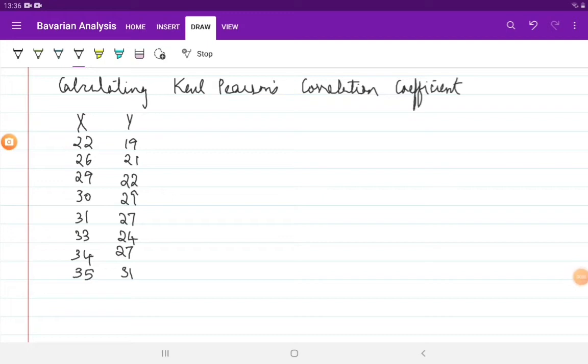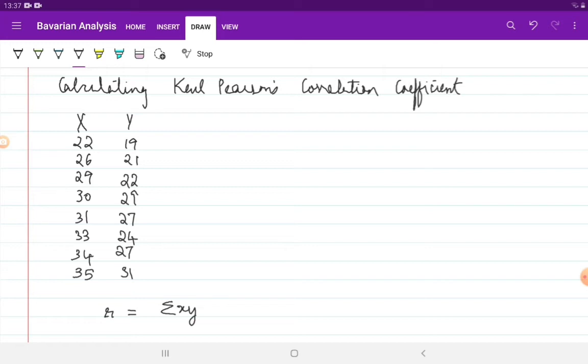Have a look at an example where we are calculating the Karl Pearson's correlation coefficient for bivariate data. We have two variables x and y, and we have these observations relating to x and y. The formula, if you remember, was summation small x small y, where the small letter represents deviation from mean.